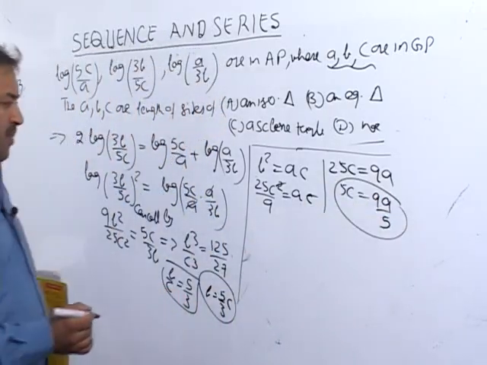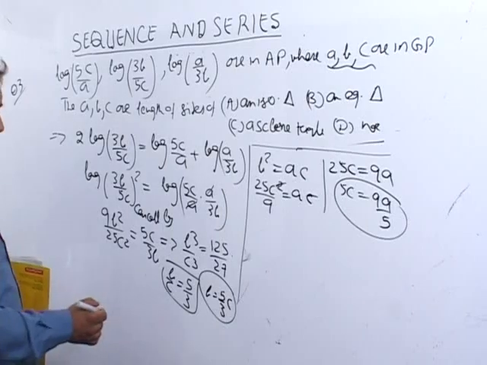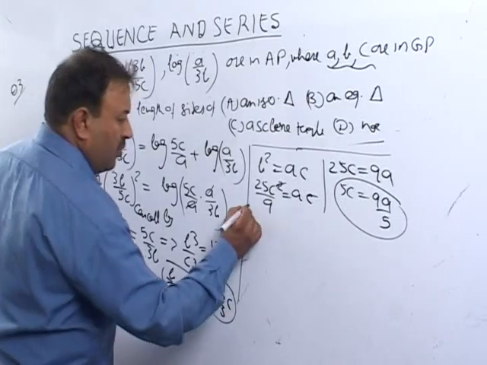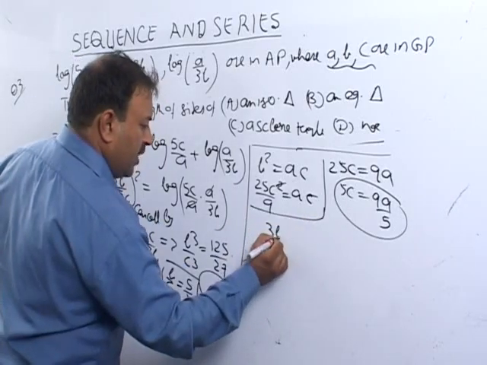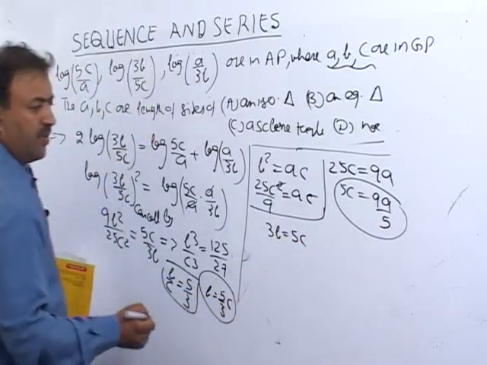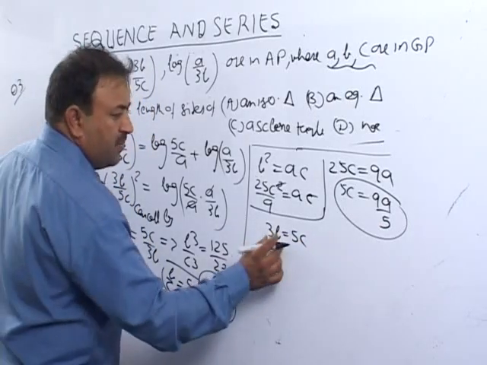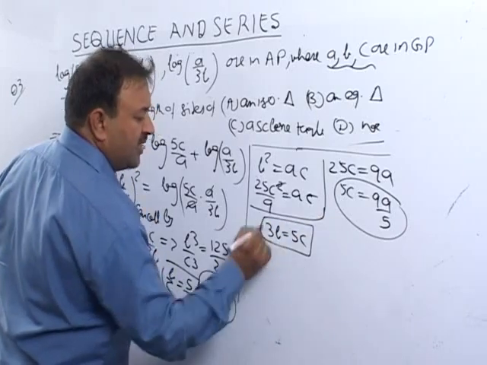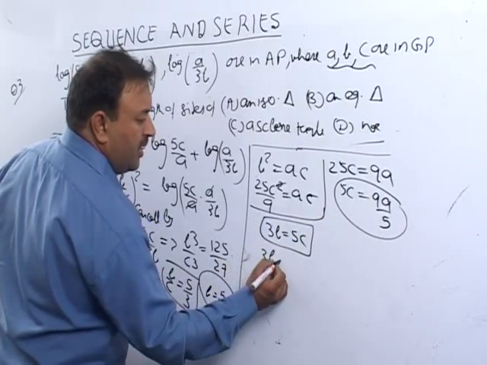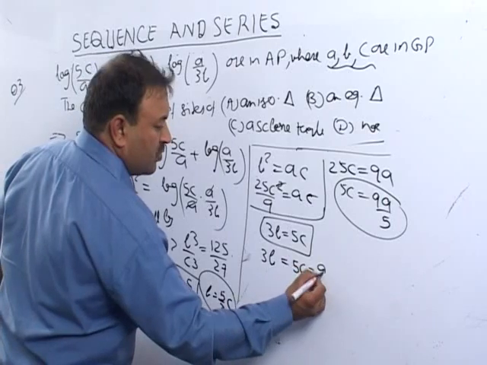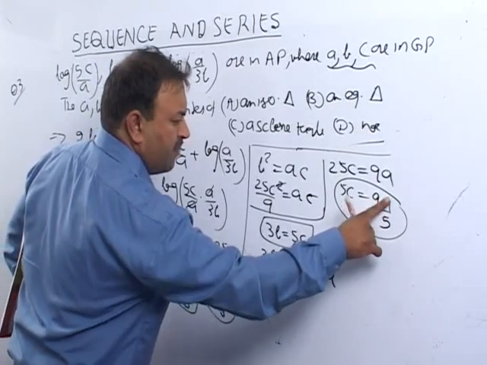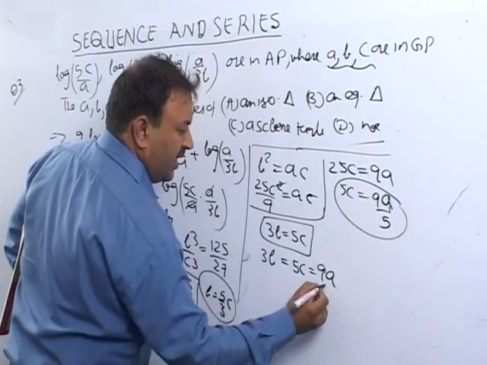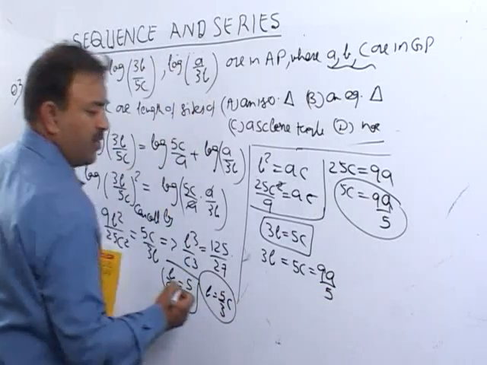From here I am taking 3b is equal to 5c, and from here 5c is equal to this one. On combining these two, I can say 3b is equal to 5c is equal to 9a upon 5.